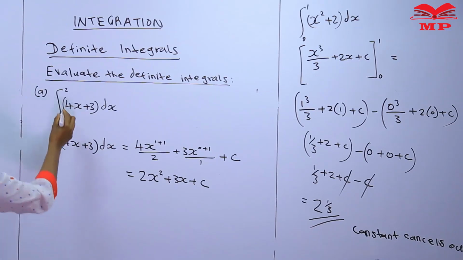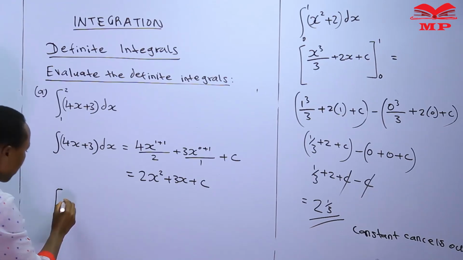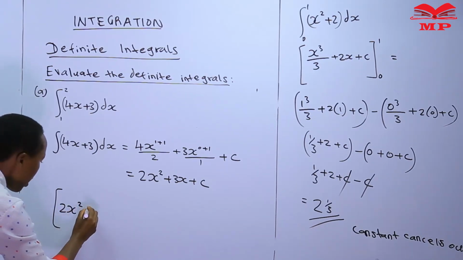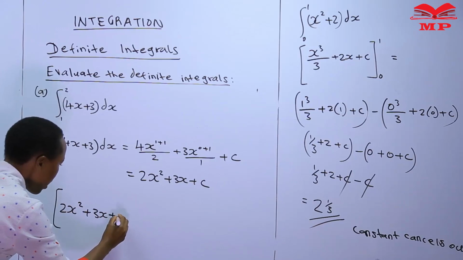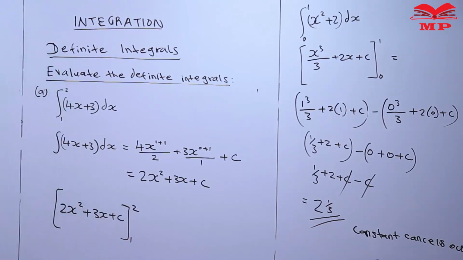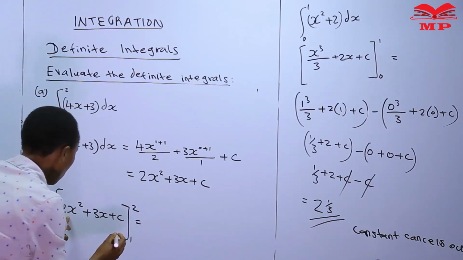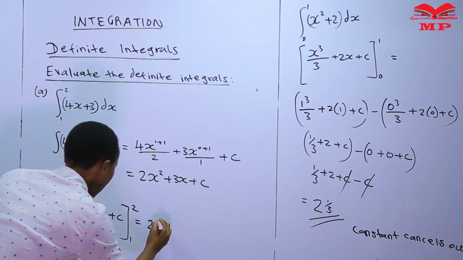Then after that, this simply means now we want to find with the limits. We have 2x squared plus 3x plus c. And we have the limits from 1 to 2. And therefore, we substitute x with 2. Then again, we'll substitute x with 1 and subtract. So in the first one, we have 2 multiplied by x.